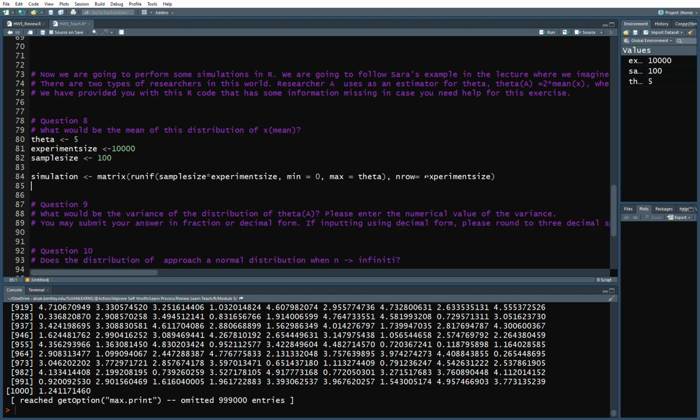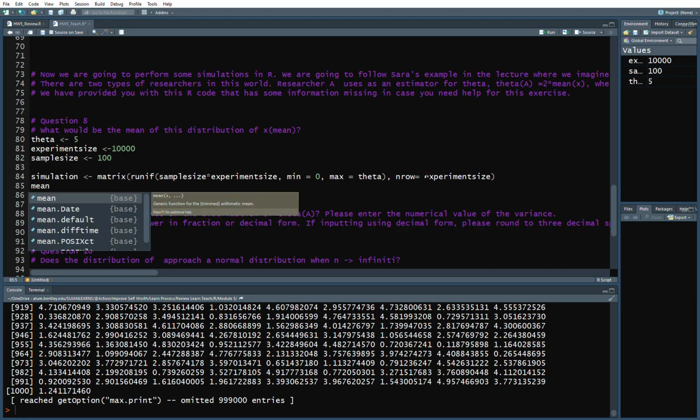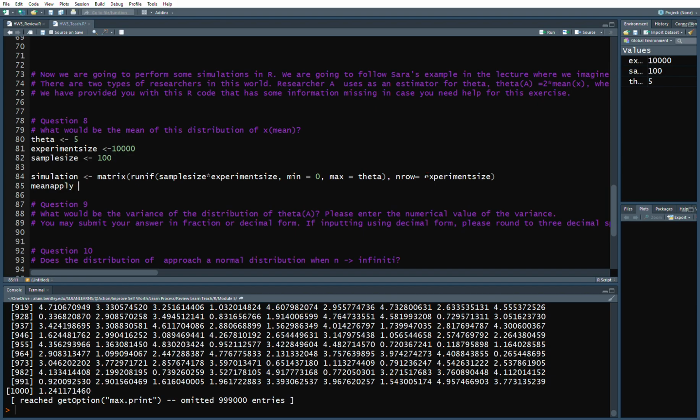Next, if we want to calculate the mean of each sample, how do we do this? We can do this by using the apply function. Mean apply equals apply to rows. We want to apply to each row, and the function we want to apply is mean.